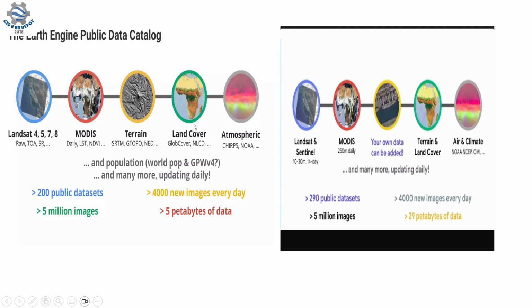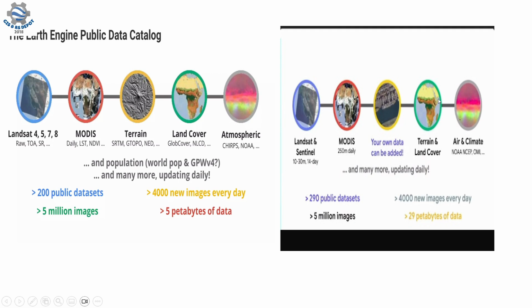And also you see the land cover datasets: NLCD land cover data, GlobCover land cover data, and atmospheric datasets, suppose CRIBS data, NOAA data. Lots of datasets available in the Google Earth Engine public data catalog. Just for example, I put here these types of images: Landsat, MODIS, Sentinel, and also if you want, you can easily add your own data.